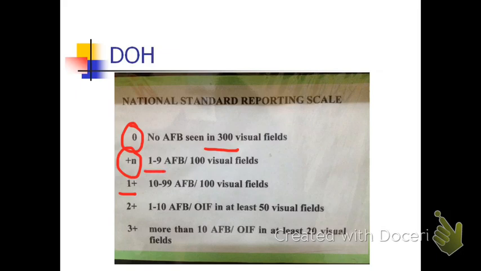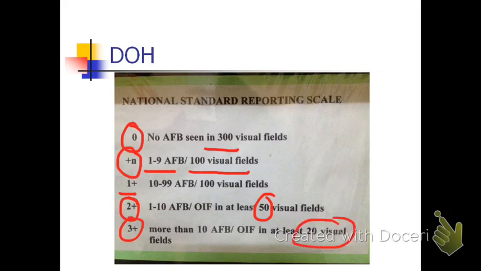As compared to plus N, where you are able to see 1 to 9 only for every 100 fields. Okay? Plus 2, 1 to 10 AFB in just 50 visual fields. And plus 3, if you're able to see more than 10 AFB per OIF, per oil immersion field, in at least 20 visual fields.